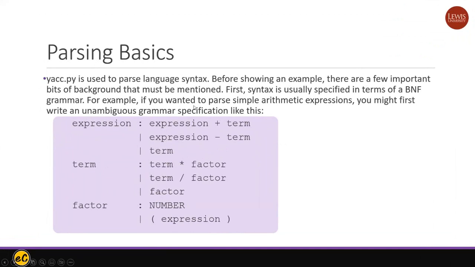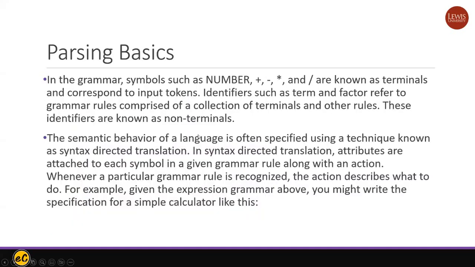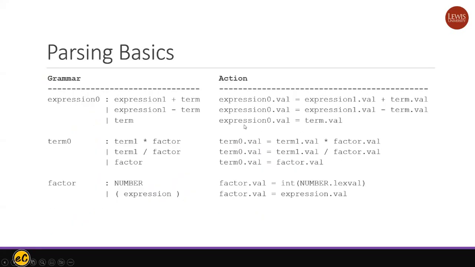It's the Backus normal form, EBNF, Backus normal form. You need to actually write the rules. I think we taught you this before.